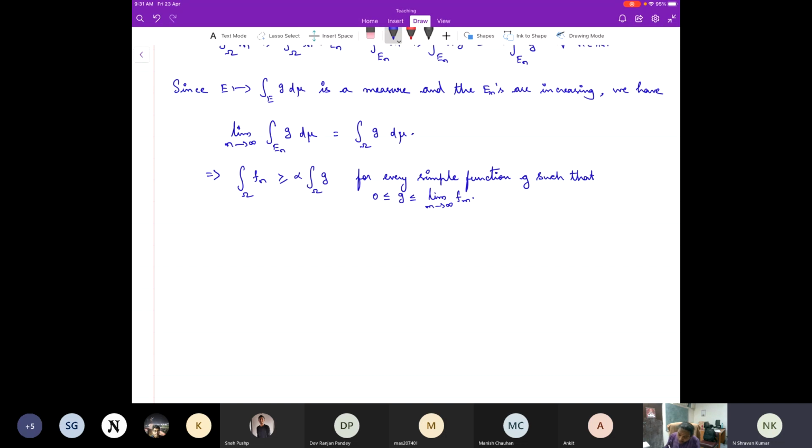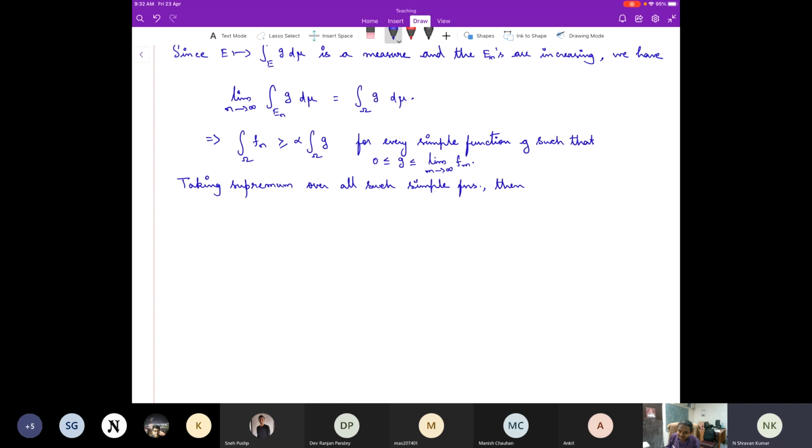Now taking the supremum over all such simple functions, you can notice that the limit of f_n. I should have added one more line, but it doesn't matter.